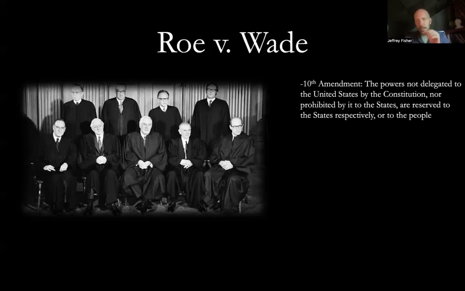And per the 10th Amendment of the U.S. Constitution, the understanding within the United States at the time was that abortion therefore fell to the individual states to regulate. The 10th Amendment, which I have there on the screen for you, more or less simply states that anything that isn't explicitly given to the federal government to do falls to the states.